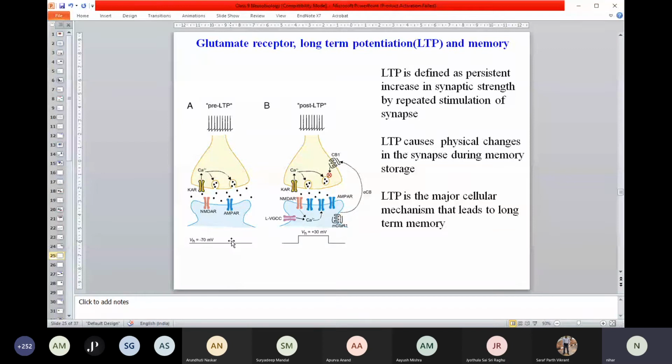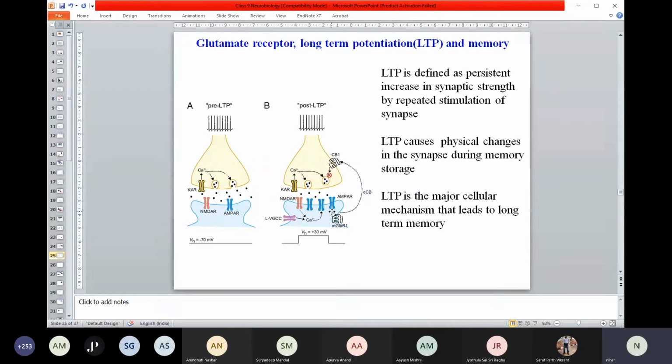But if this event is persistent for a longer time, just think you are reading books, the same thing with a particular gap, at 1 hour intervals, reading the same thing again and again. Or, in other words, you are stimulating these two neurons with a particular interval again and again. Then you are able to see some changes in the postsynaptic neuron.